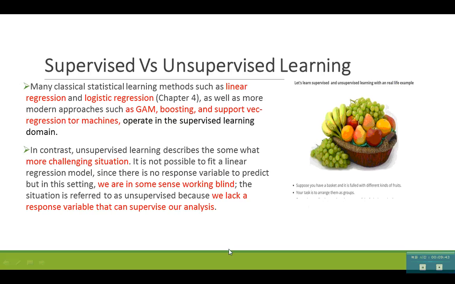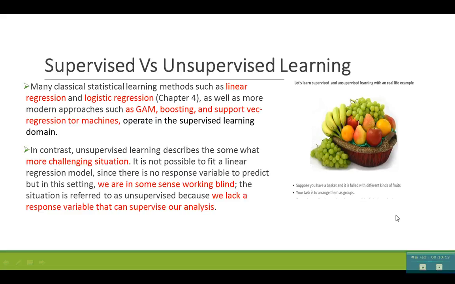The next topic is supervised and unsupervised learning. Here is one figure: one basket is full of fruits. If you are given a task to separate these fruits, then we always think about two kinds of learning, supervised and unsupervised. In supervised learning, you will have some clue. That means you already know something about these fruits and you will be able to separate them.